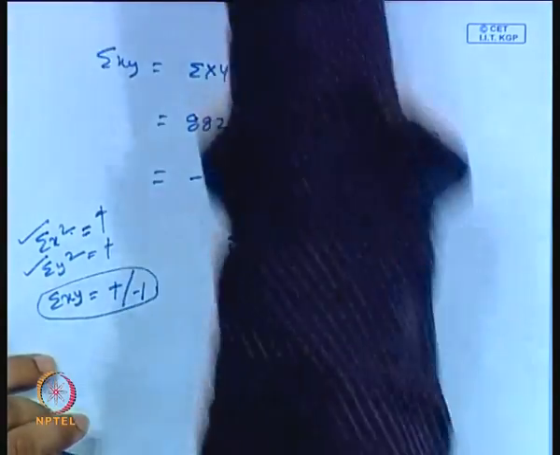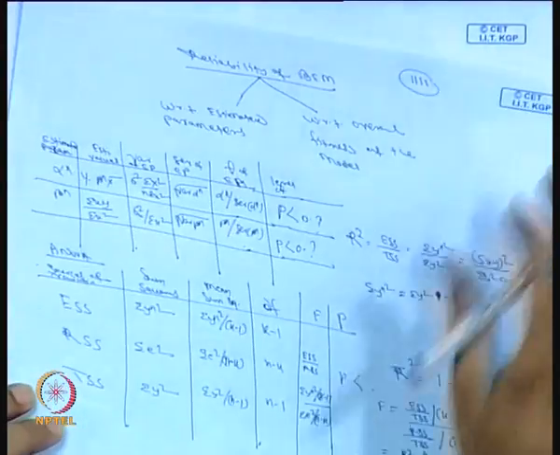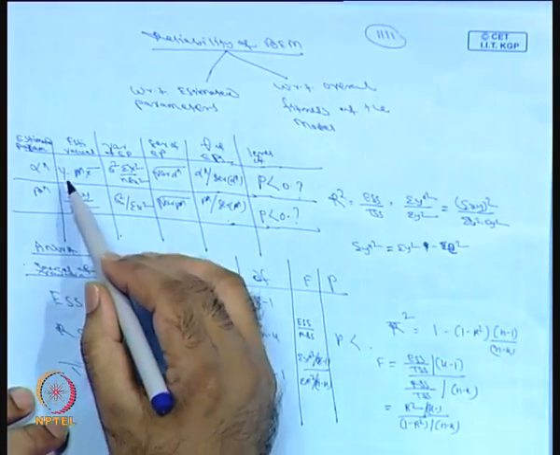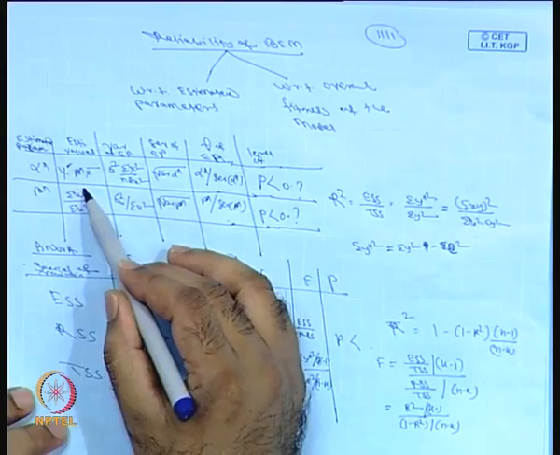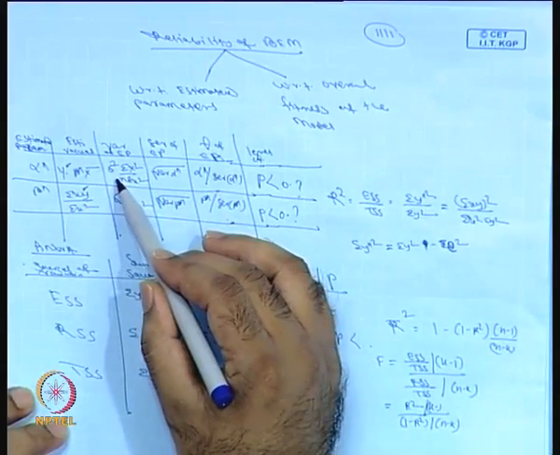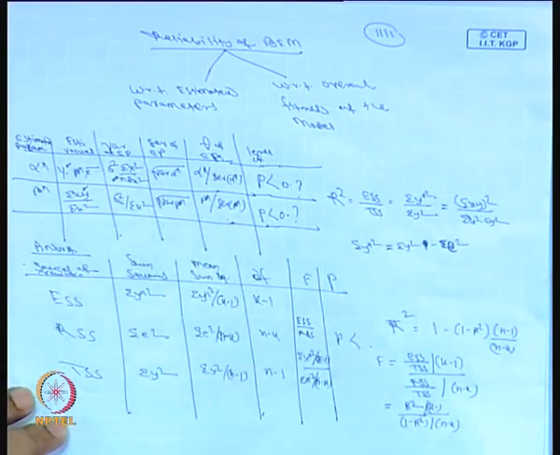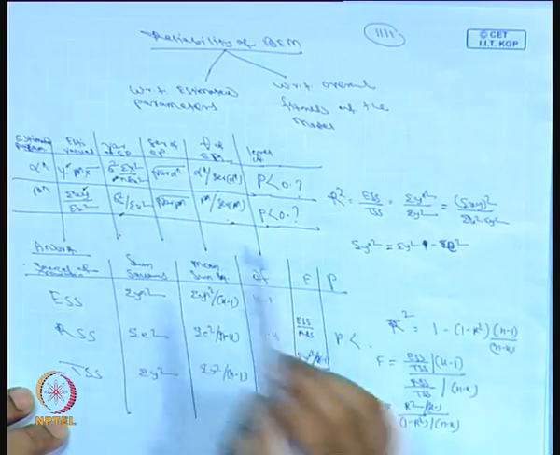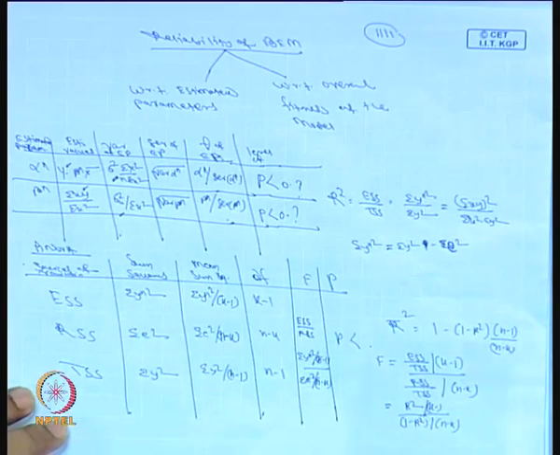So, what you have to do? You go to this particular table here. Now you see, we get to know this y hat, we get to know this beta hat. Then we are in the process of calculating variance of alpha hat and we are in the process of calculating this sigma square u by summation x square.